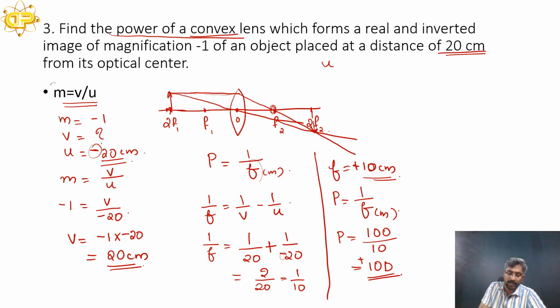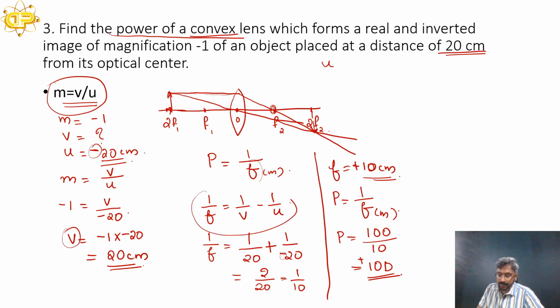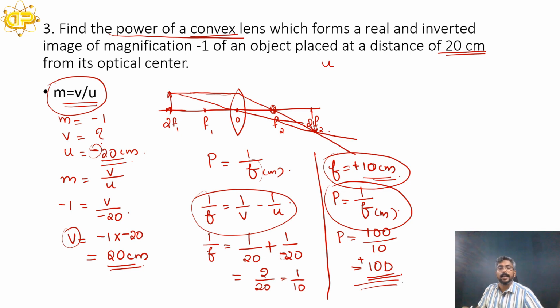From the simple equation m is equal to v by u, you get the value of v, then using the lens formula you get the value of f, and then you substitute in the basic equation and get the final answer.